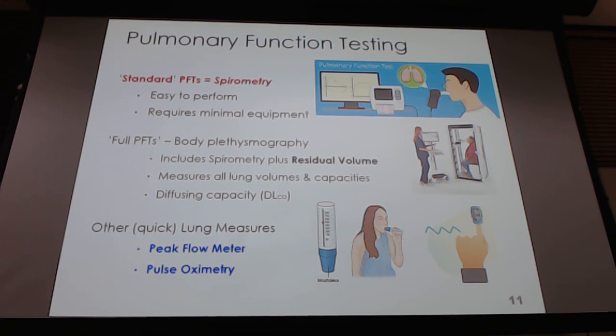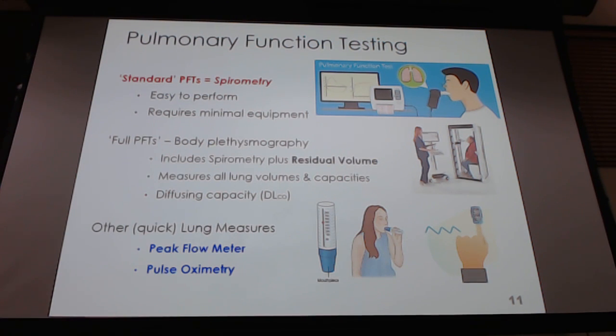So the question is, how much air is actually still trapped in there? If there's a lot of air still trapped in there, that's more consistent with something like emphysema. Versus if someone's got severe pulmonary fibrosis where that lung tissue has been replaced by fibrous tissue, then that residual volume won't be high. Again, this will be more of a specialty thing, but that's where body plethysmography comes in.